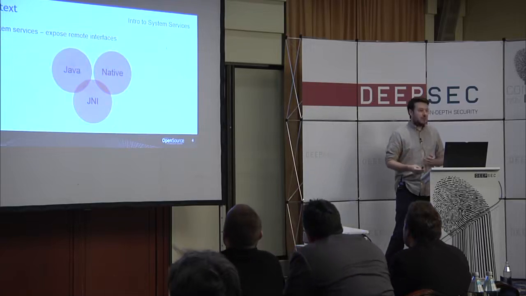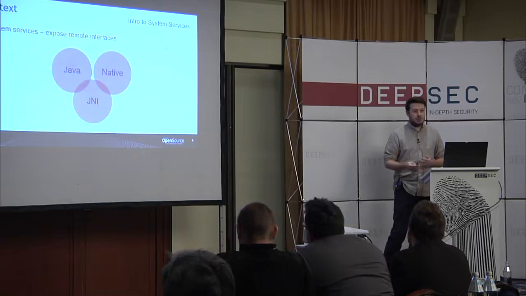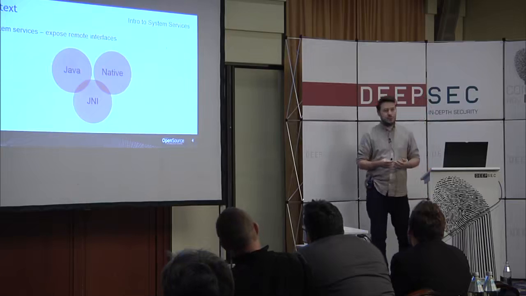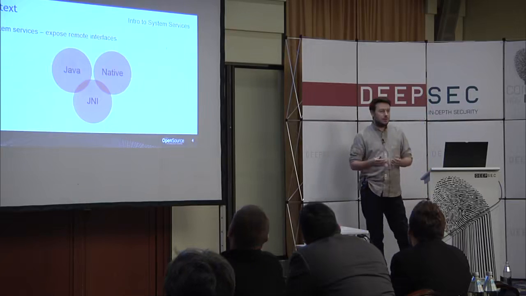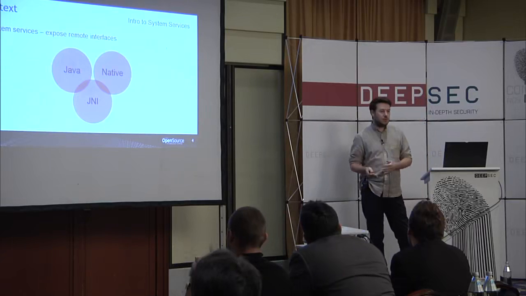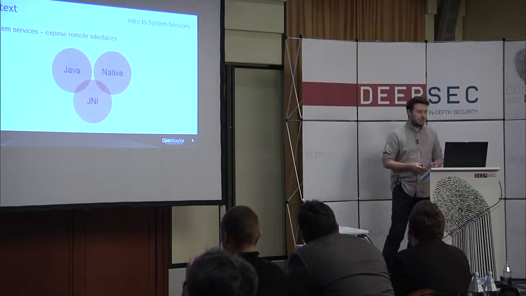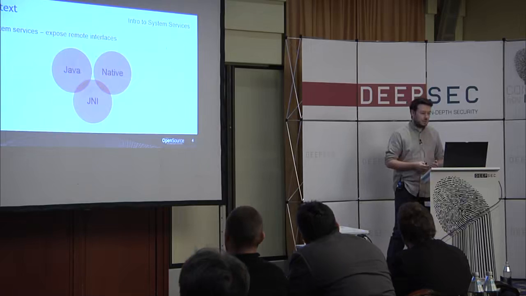Now, these system services are implemented using a remote interface that can be written either in Java, in C, C++, these are native interfaces, or using both Java and C, C++, using the Java native interface layer.